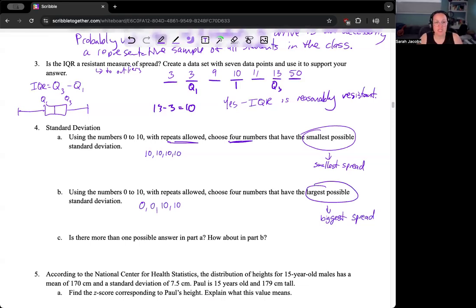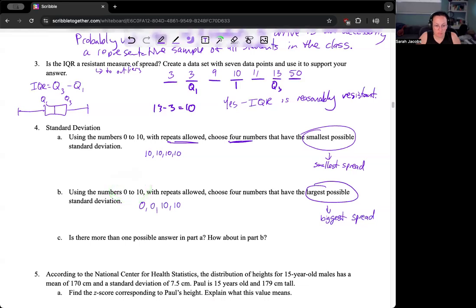The reason for that is the average is still going to be right in the middle. The average is going to be, what, 5? But these are as far away from 5 as you can get while still being within this boundary.